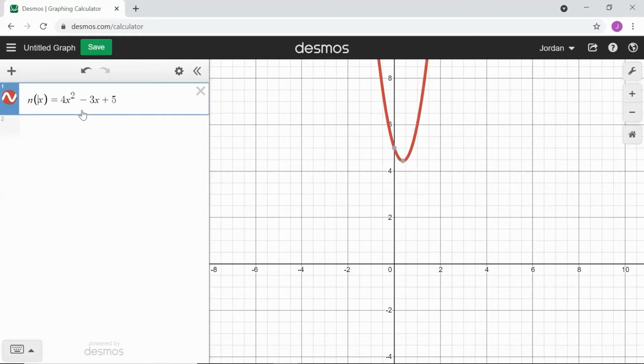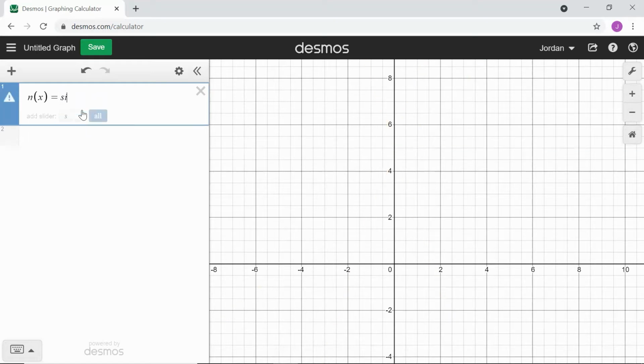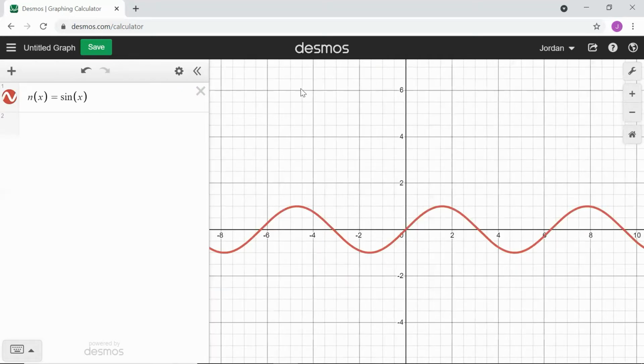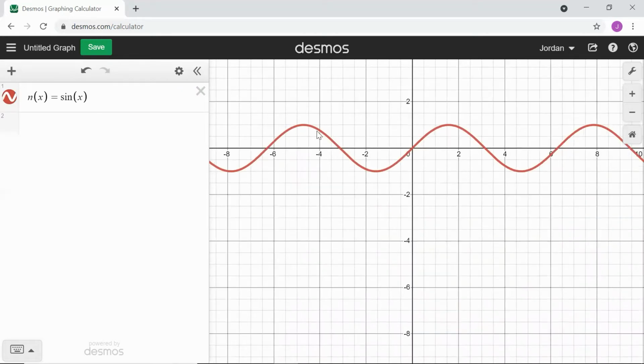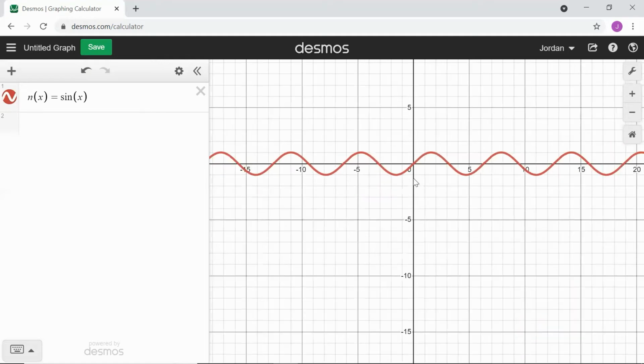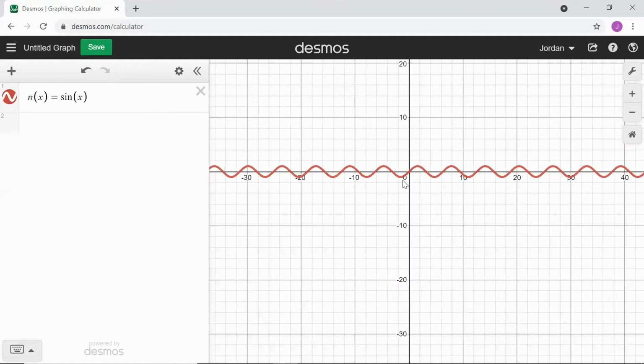Our other function, n of x equal to sine of x, has this wave pattern. I'm sure you've seen this before. If you notice what's happening, that wave pattern just keeps going and going and going.